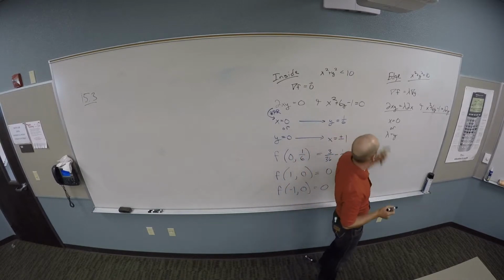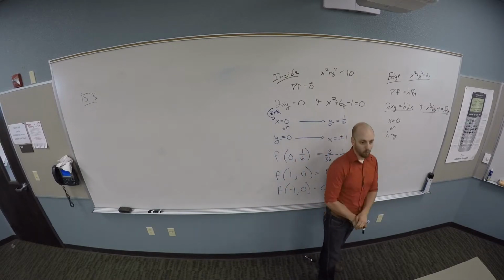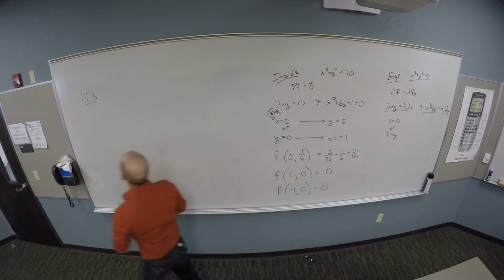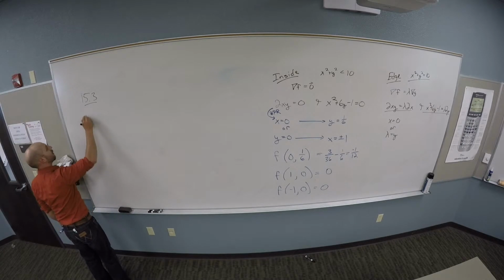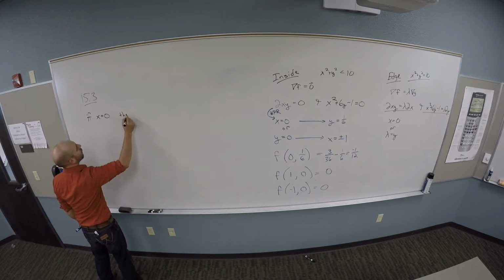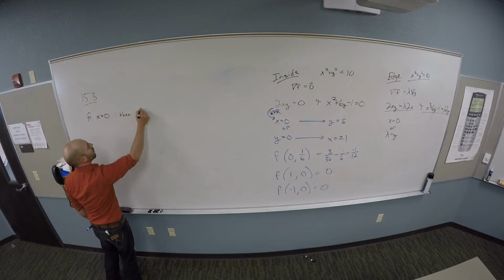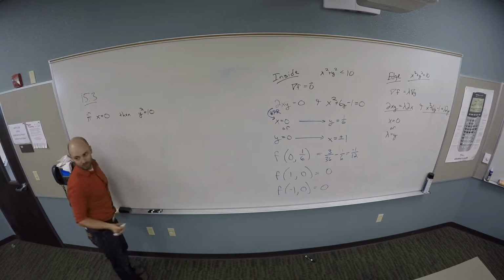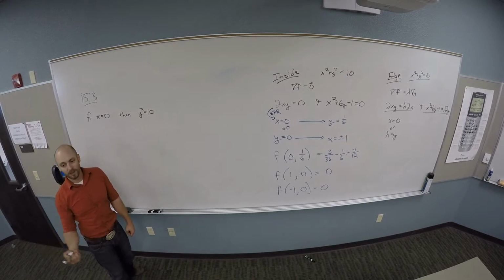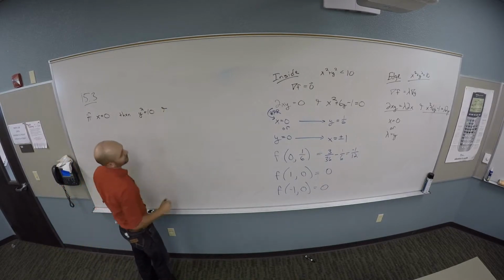So far I know that either x is 0 or lambda's y. We don't care about lambda, so just put in x equals 0. So if x is 0, then y squared has to be 10. Where did I get y squared is 10? From the constraint. And what else?